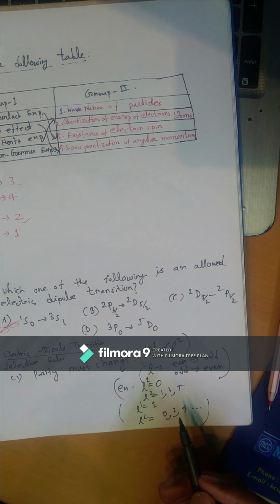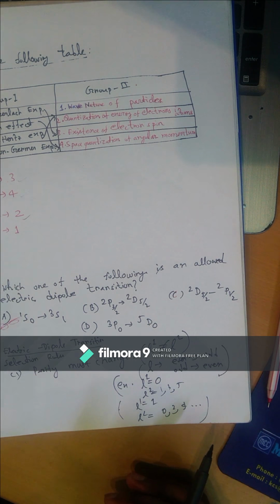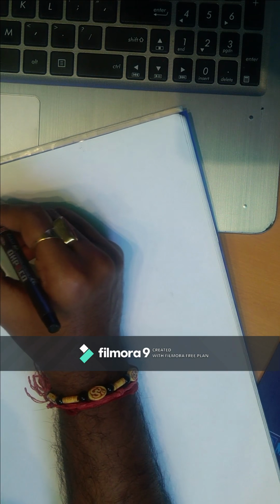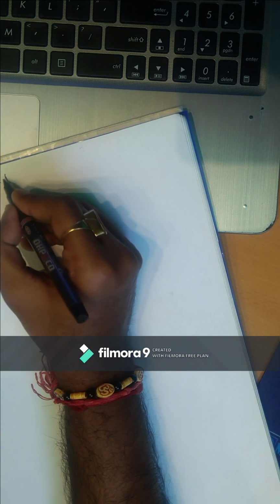If the first L is odd, the second L will be even, meaning the parity must change from even to odd or odd to even. The second selection rule is delta n equals 0, plus minus 1. The third is delta j equals 0, plus minus 1.